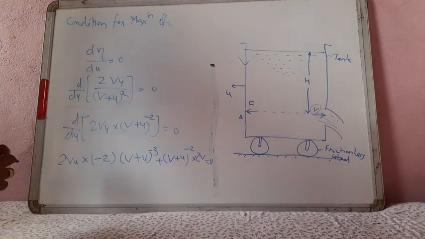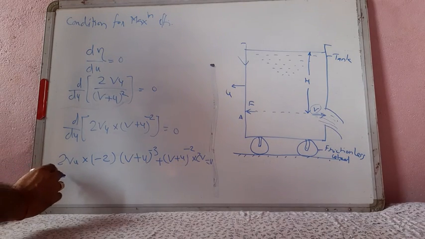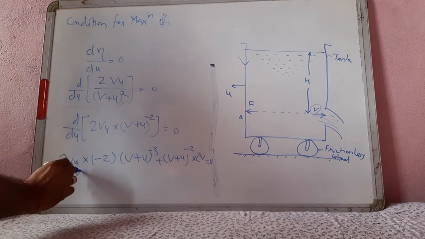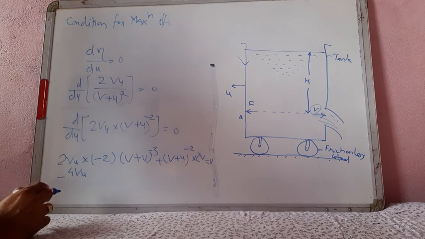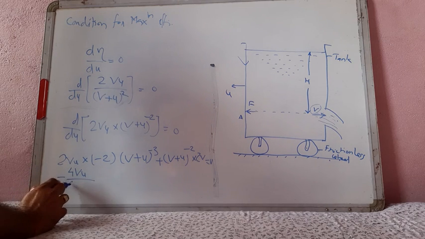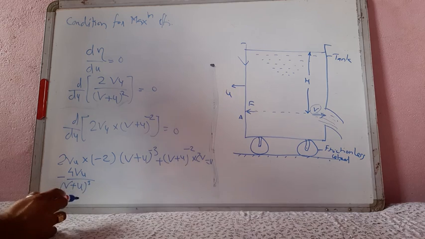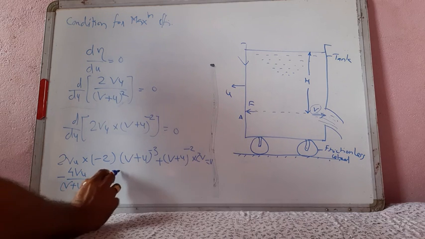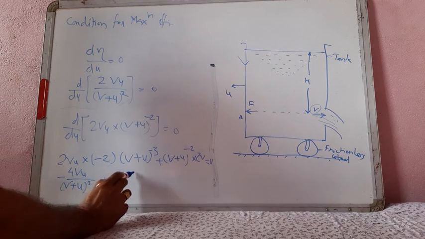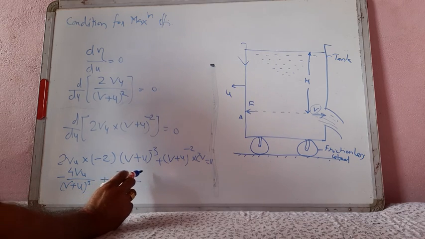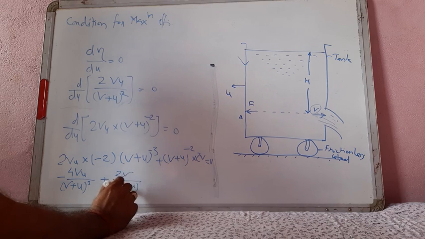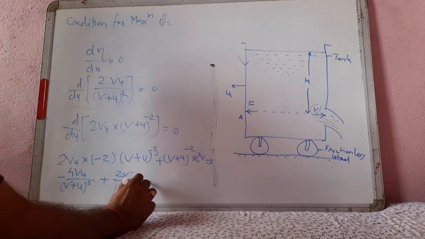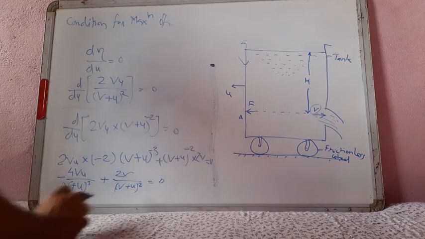Or this can be minus 4vu by (v plus u) to the power 3 plus 2v by (v plus u) power 2 equal to 0.